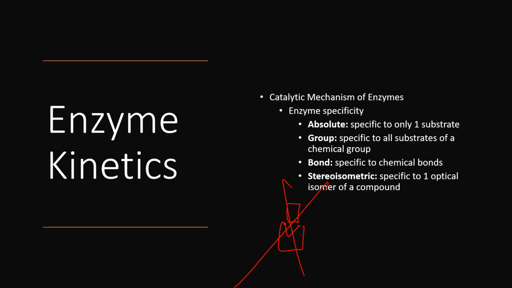Aside from that, enzyme specificity includes bond specificity. Kung meron siya nire-require na group, meron siyang nire-require na substrate, meron din siyang specific chemical bonds for its active site. And lastly, enzyme specificity includes stereoisomeric.